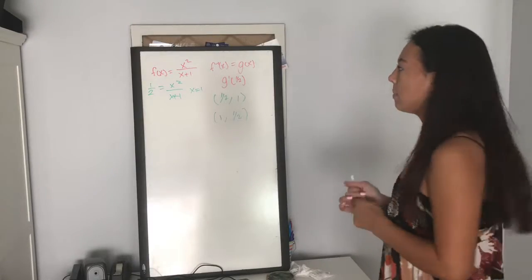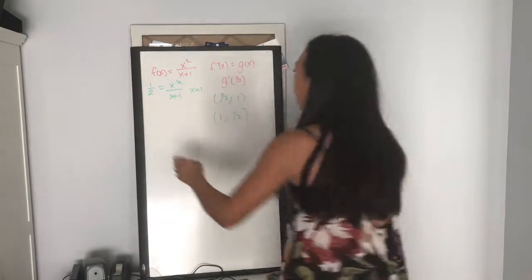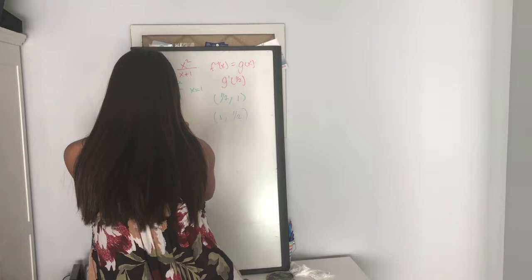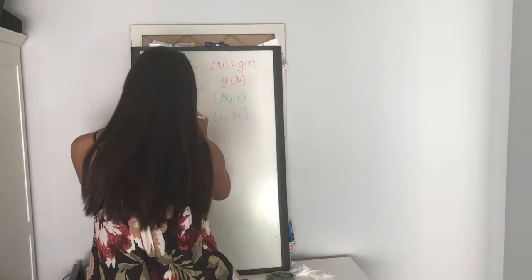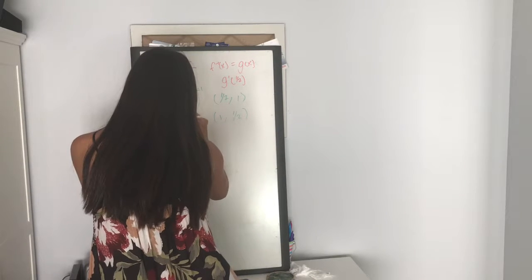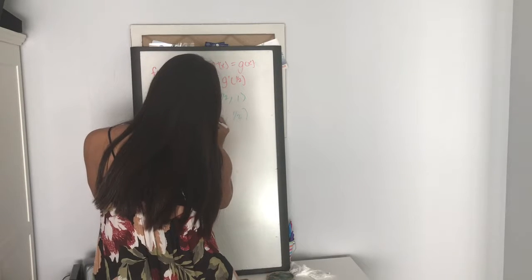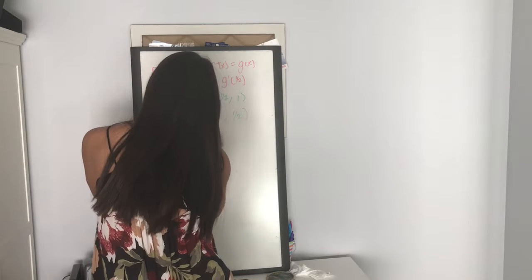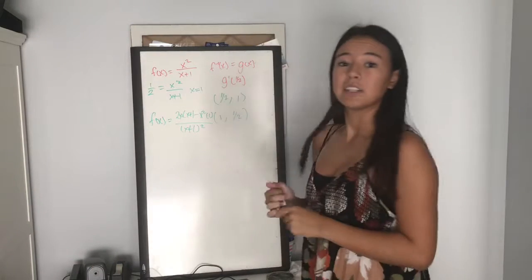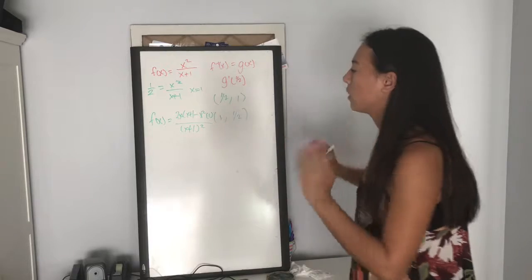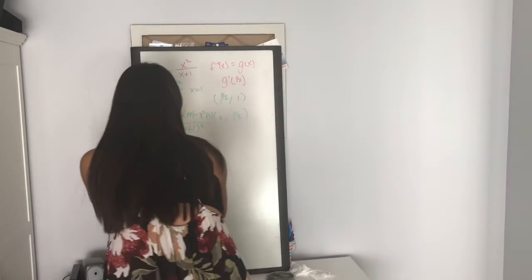So from there, the next step is to find the derivative of f of x. And we can solve this by taking the quotient rule. So we know that f prime of x equals 2x times x plus 1 minus x squared times 1, over x plus 1 squared. And then we can simplify this in just one quick easy step by distributing everything.